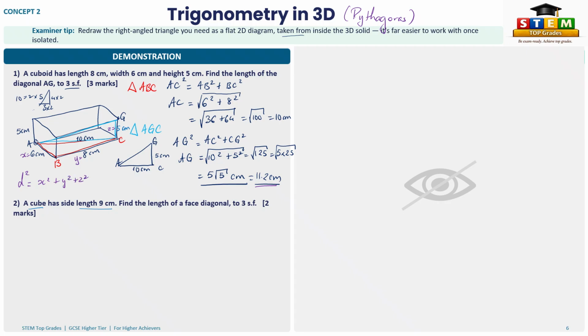And d, which is that length, so d equals the square root of, in fact, all the sides that you've been given. So you can call that x, y, and z. So we are going to get 8 squared plus 6 squared plus 5 squared, and the answer should be the same as 11.2 centimeters.